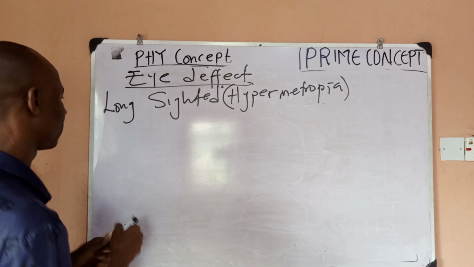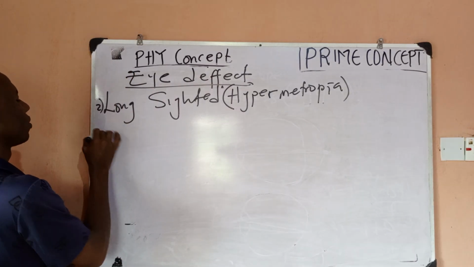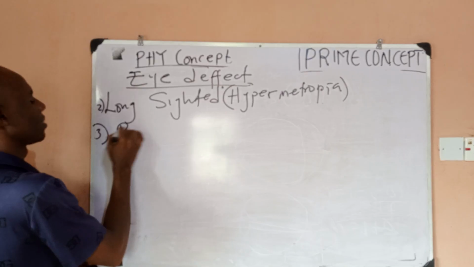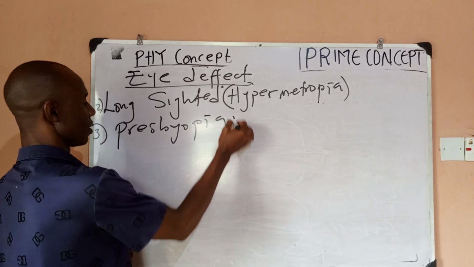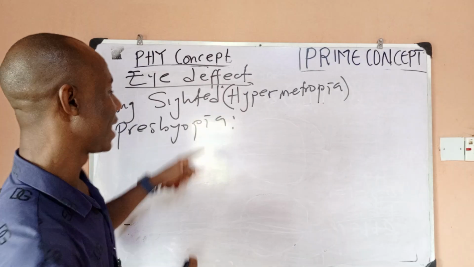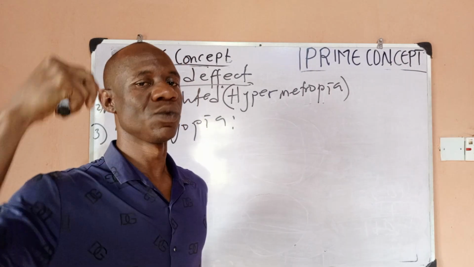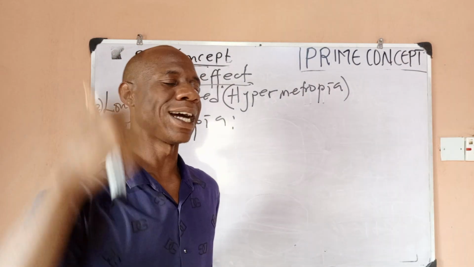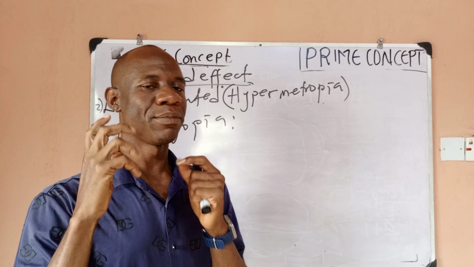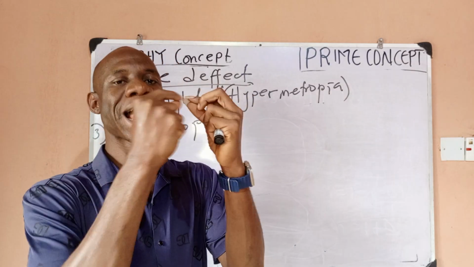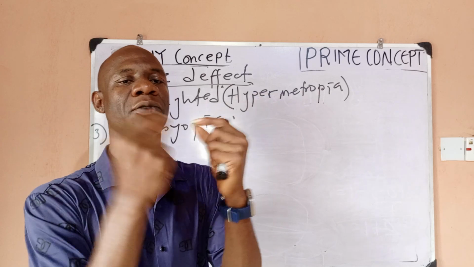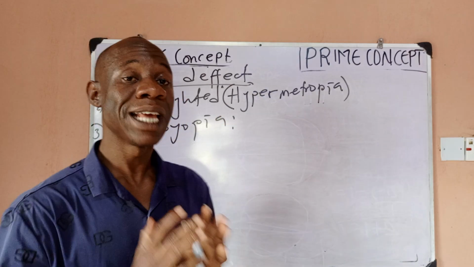So other eye defects you can have would include presbyopia. So this is another eye defect. This eye defect usually occurs with age. So when people are aging, remember I mentioned that the part of the eyes that is responsible for adjusting the eye's focal length is the ciliary muscle.